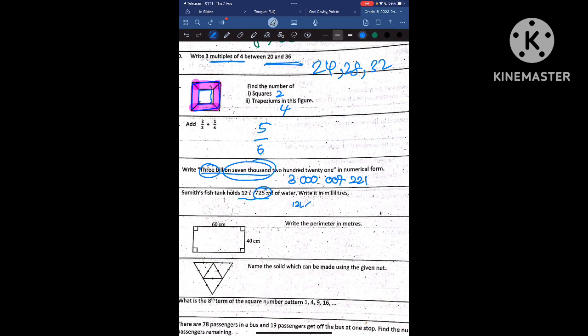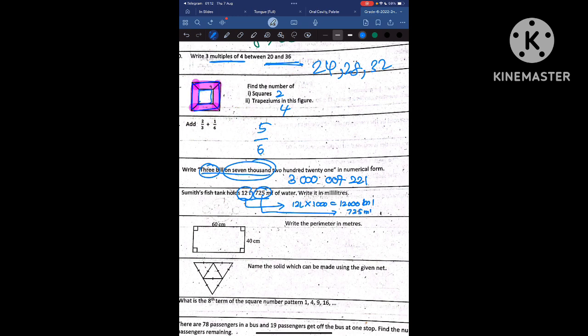12 liters multiplied by 1000 means 12,000 milliliters, right? So this one I converted into milliliters, and then the other one, 725 milliliters, I'm adding as it is.